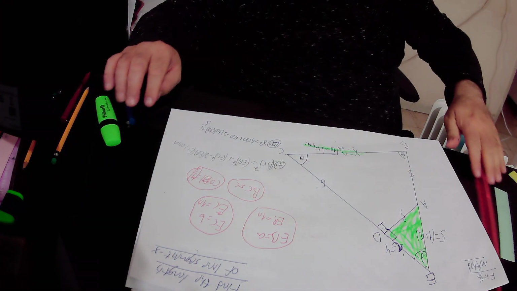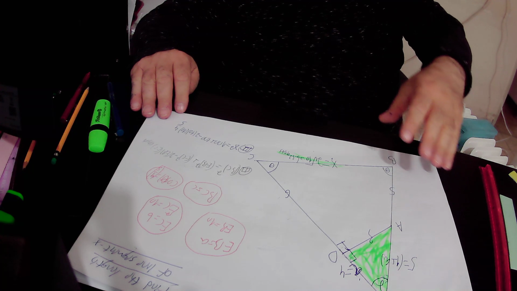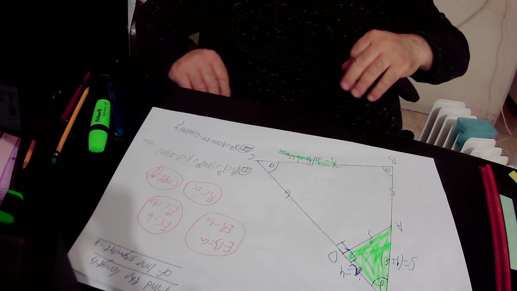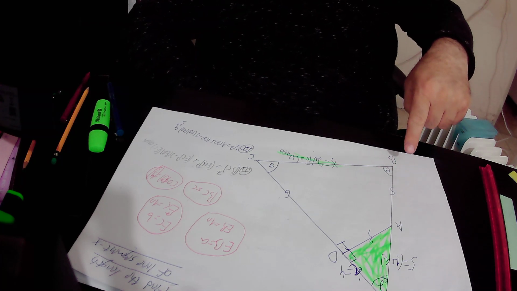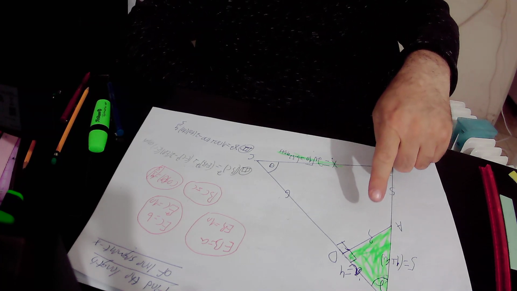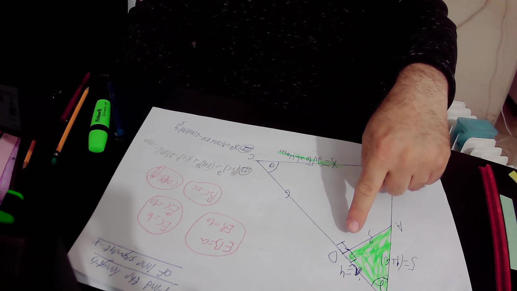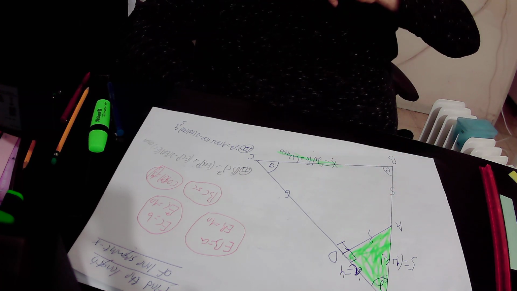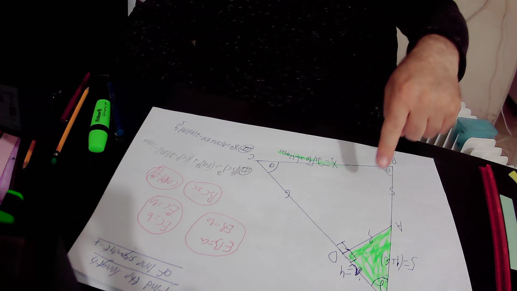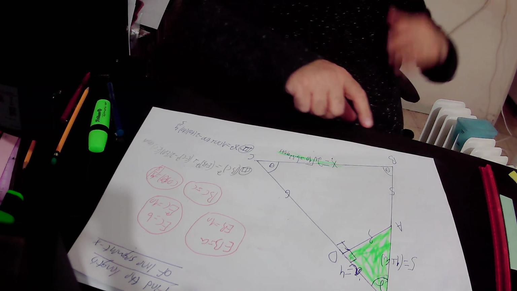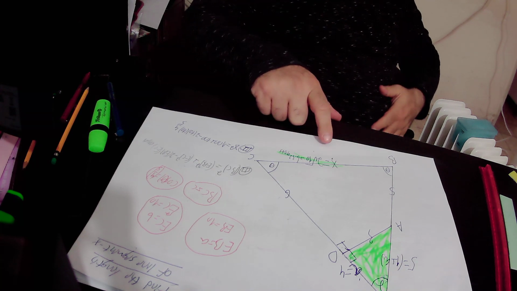So I'll repeat the question. We have here quadrilateral ABCD, side AB equals to 5 units, AD equals to 3 units, DC equals to 6 units, angle ADC equals to 90 degrees, angle ABC equals to angle DCB equals to theta, and we want to find out the length of line segment BC that is actually equals to x.